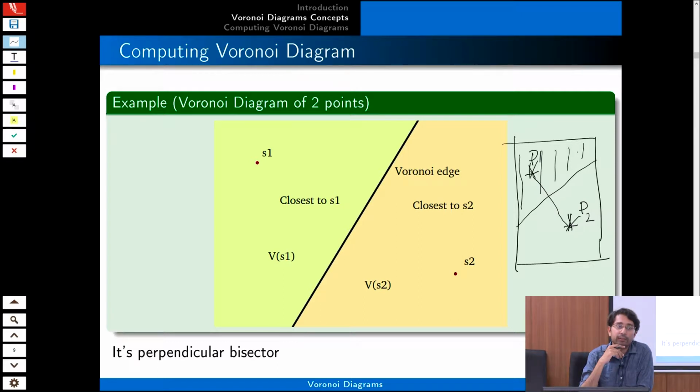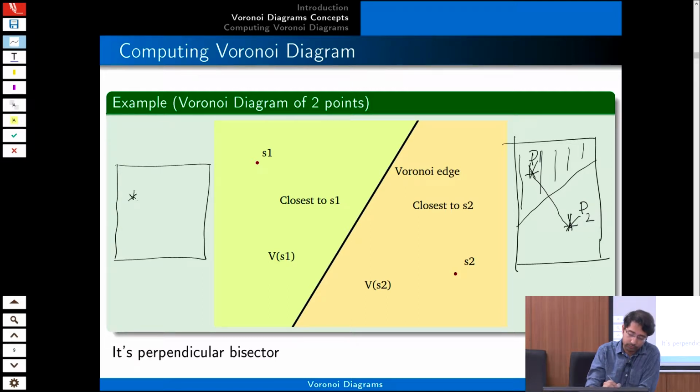Now, the question is, if there are 3 points, then how will the Voronoi diagram look? So, I have 3 hospitals, say H1, H2 and H3. How will the Voronoi region of H2 look? Forget about H1 for the time being.